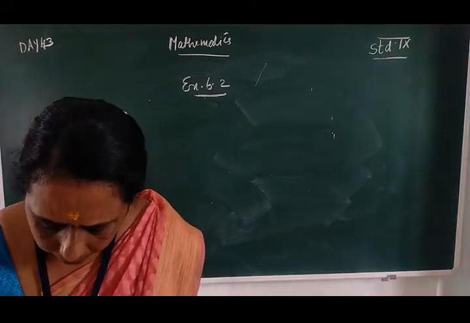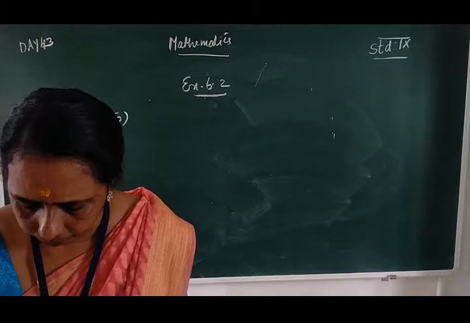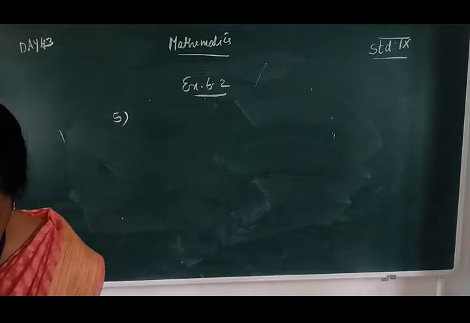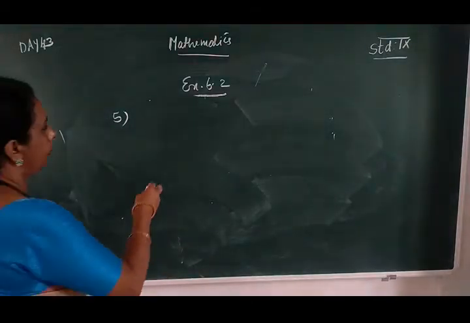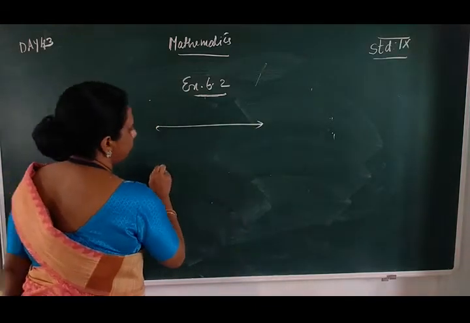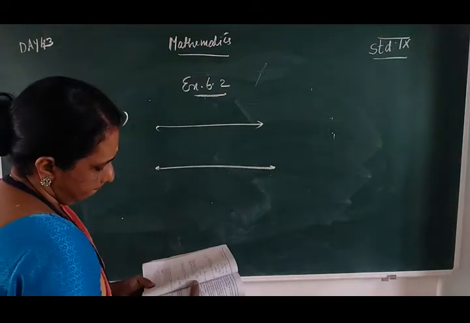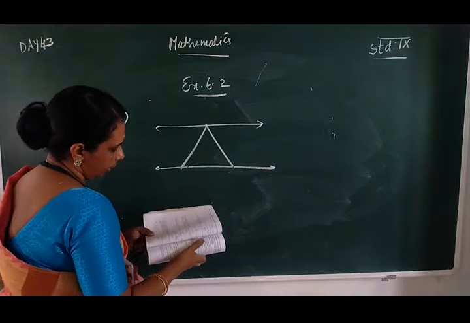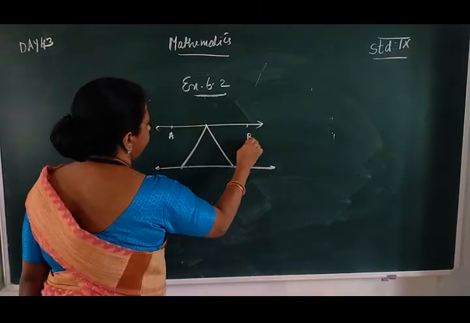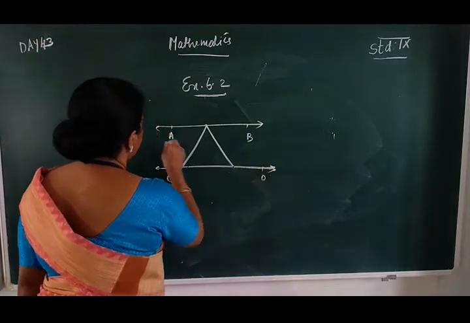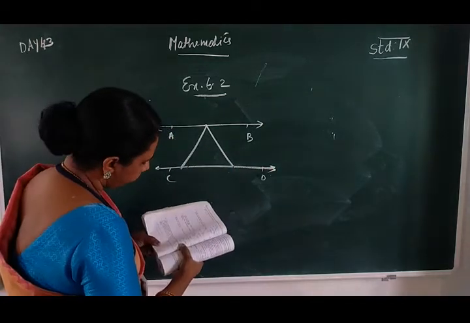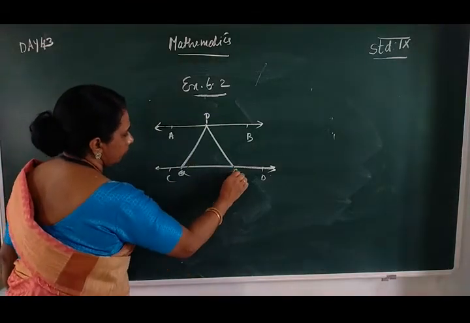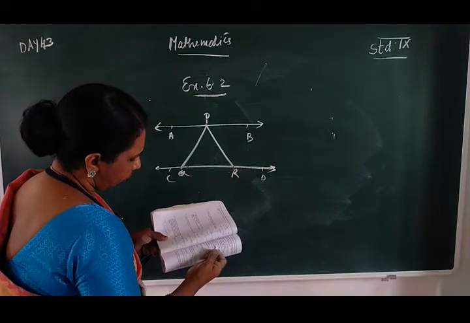In the given figure, if AB is parallel to CD, angle APQ is equal to 50 degrees and angle PRD is equal to 127 degrees, find x and y. AB is parallel to CD.